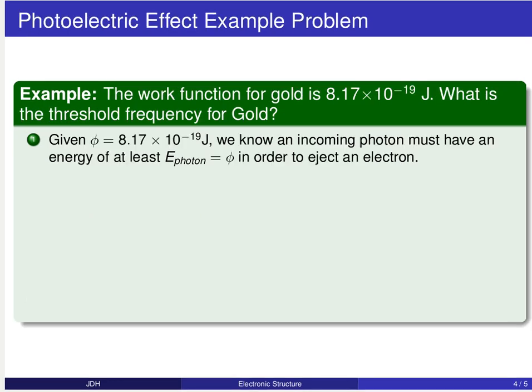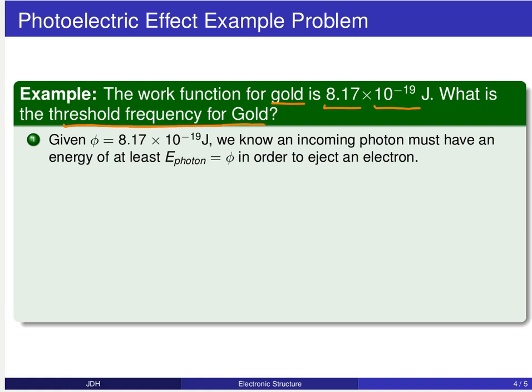In this problem, we're going to explore an example involving the photoelectric effect. We are told that the work function for gold is 8.17 times 10 to the minus 19 joules, and we are asked to figure out the threshold frequency for gold.